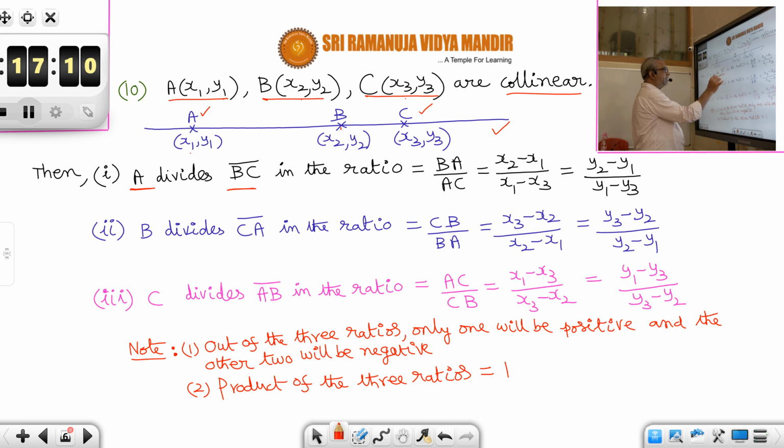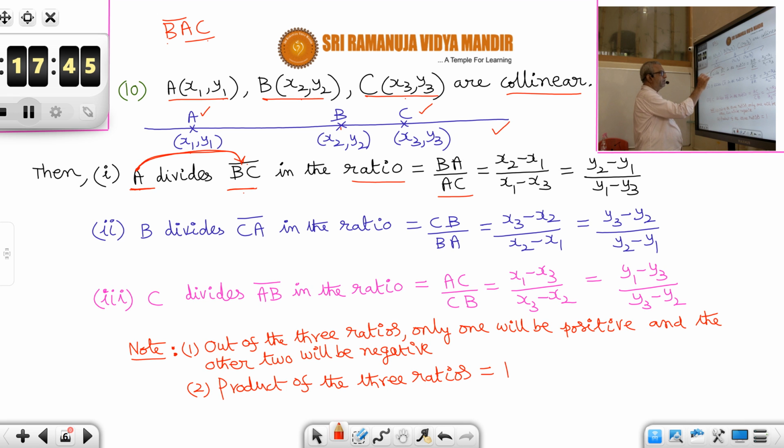A divides BC means you have to put A between B and C. That means here I am writing BAC. Please put this A in between B and C like this. Then read from left to right: BA by AC. That is what you should write here.